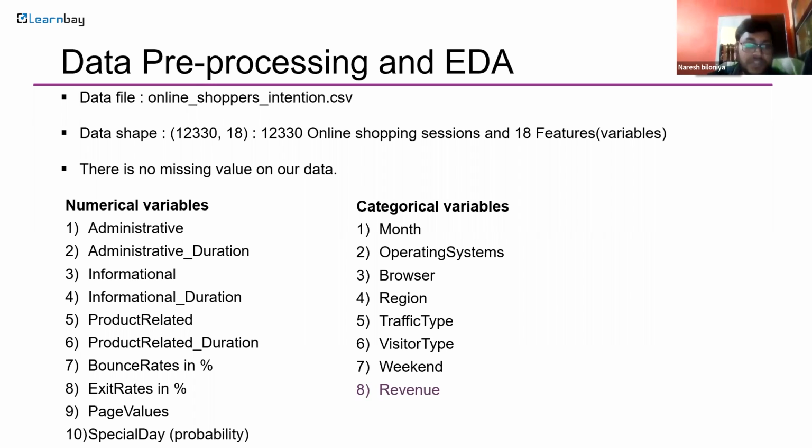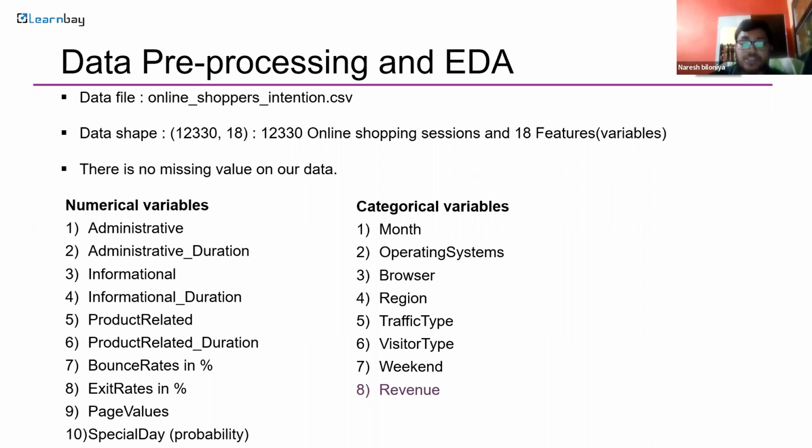Firstly, administrative. These are the number of pages the user visited, and administrative duration means how many seconds the user spent on that kind of pages, login, sign up type pages. Then informational means these are the pages on the website that give information about the company profile, all these things.